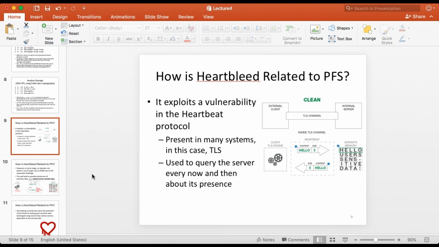I should say not Heartbleed, but Heartbeat protocol, which is part of your standard SSL. So each time you do HTTPS, HTTPS is using SSL or TLS, as we call it.